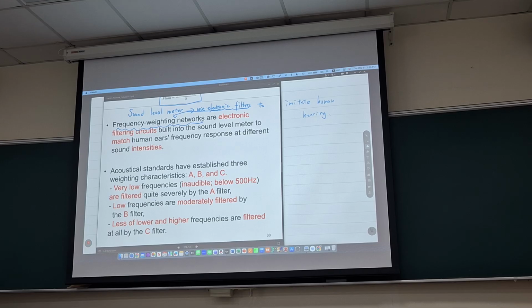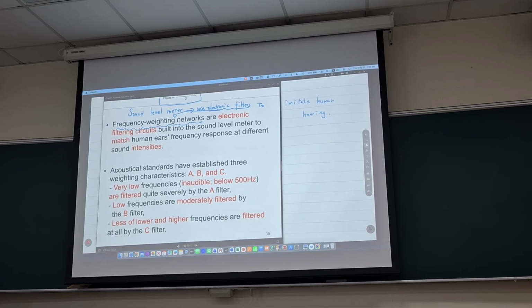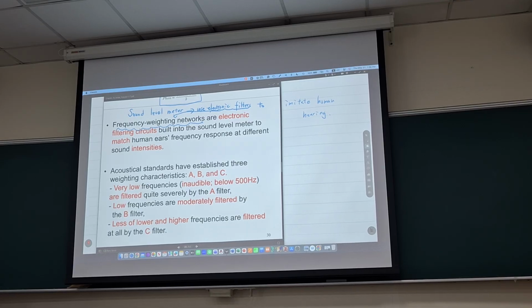The sound level meter uses electronic filters to imitate human hearing, and this filter is called frequency weighting networks. Frequency weighting networks are electronic filter circuits built to match, to imitate, humans' ears frequency response at different sound intensities.